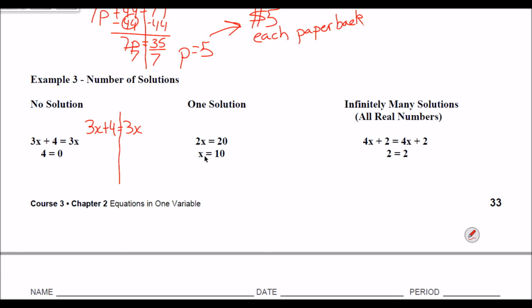So I noticed that there's a 3x, and on the right side, there's also a 3x. This is the first time that we've ever seen the same exact variable on the left side of the equation and on the right side of the equation. And that is why we're getting one of these special answers of either no solution or all real numbers.